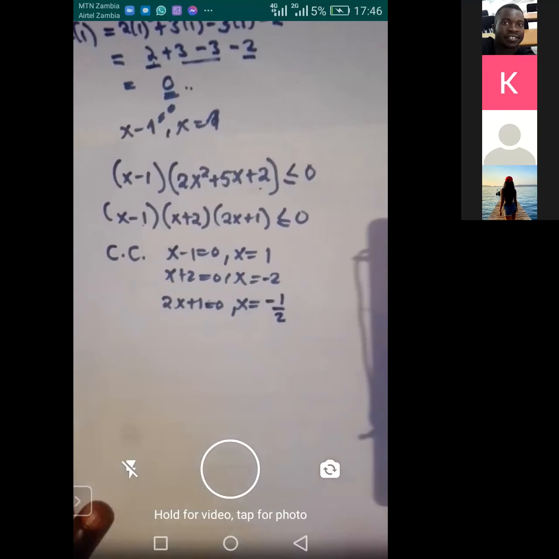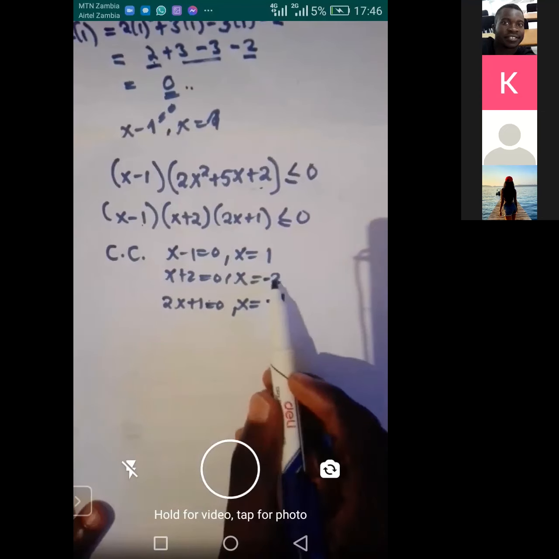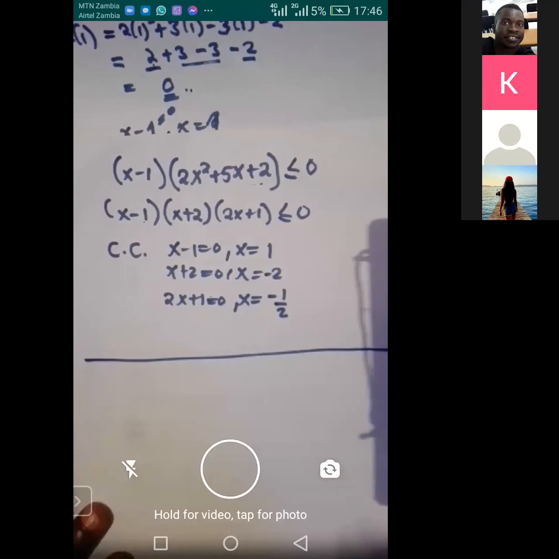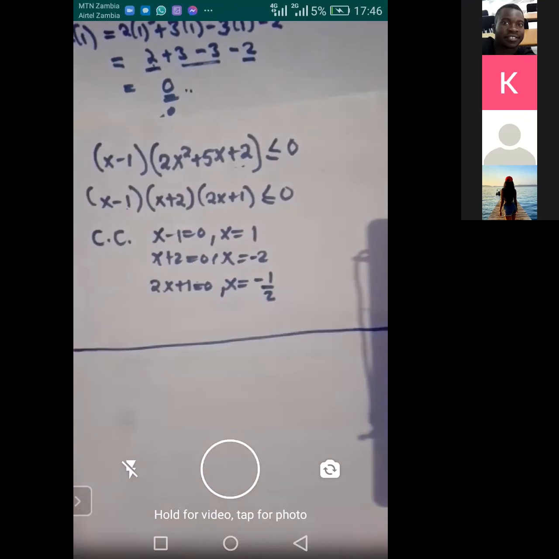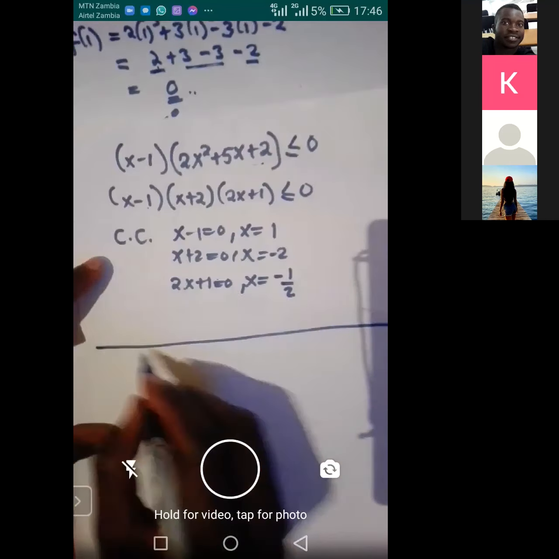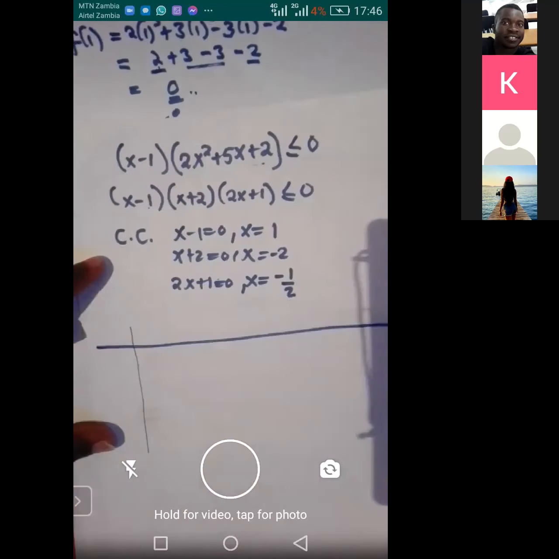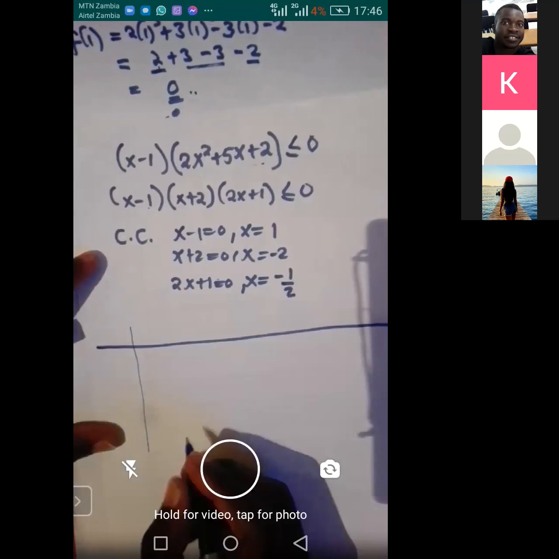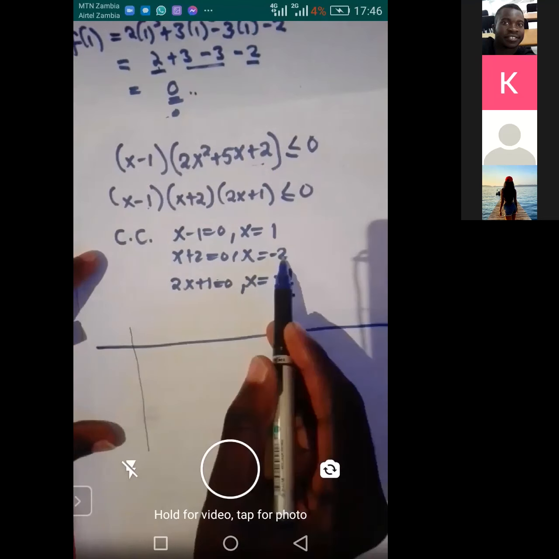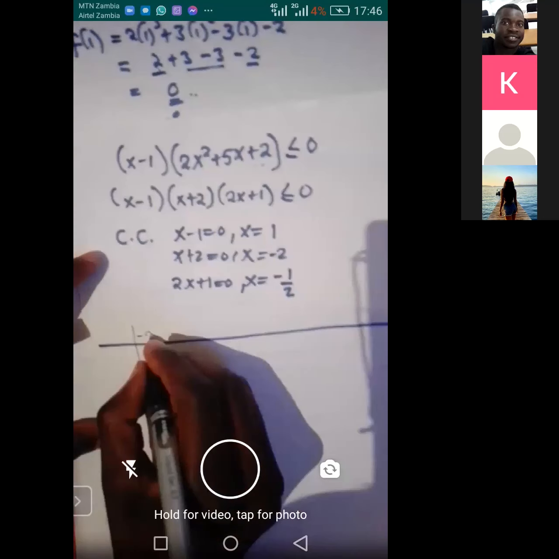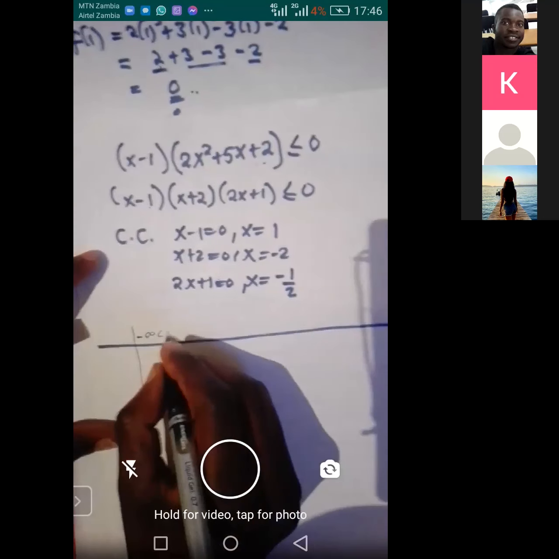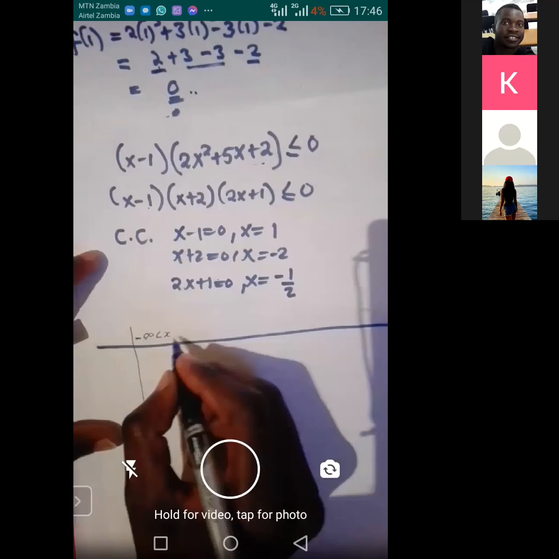Then we can use this table. I prefer the table, but you can use what you'll be comfortable with. So you discover that we are going to have 4 intervals. The first interval is from minus infinity all the way up to minus 2.